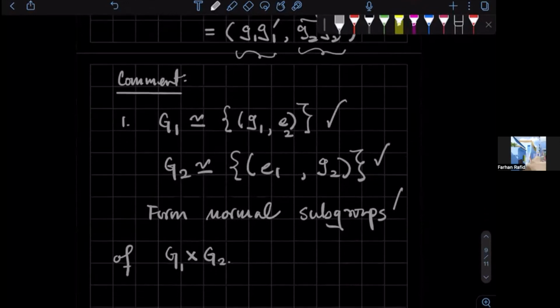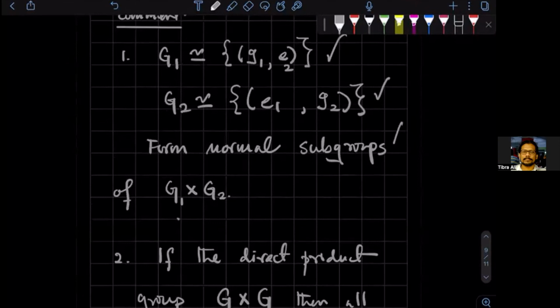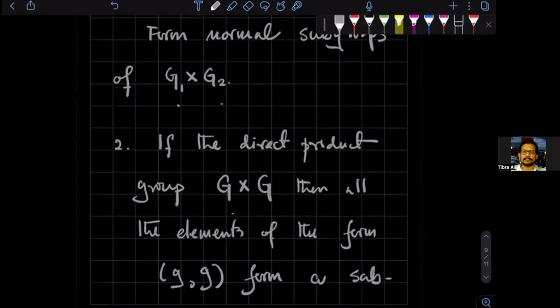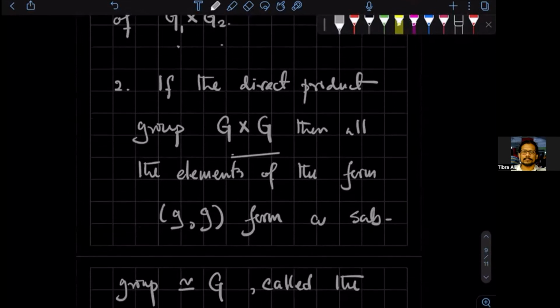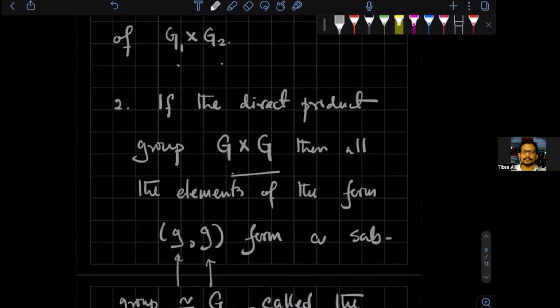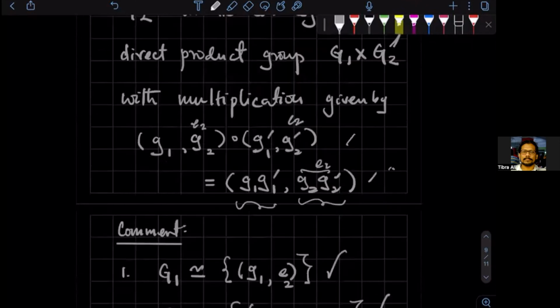But if the two groups, G1 and G2, in the direct product group are the same group, then we have this option where we pick the same element from both groups. And then we impose this multiplication rule on that. Right?